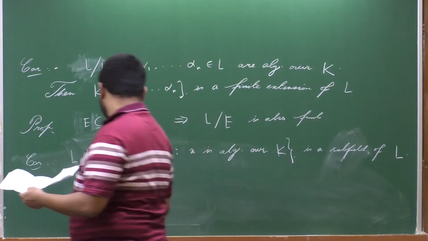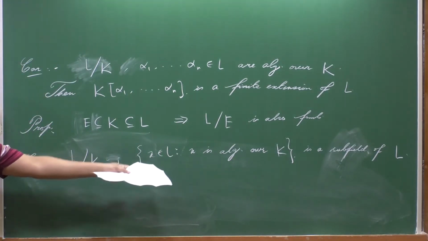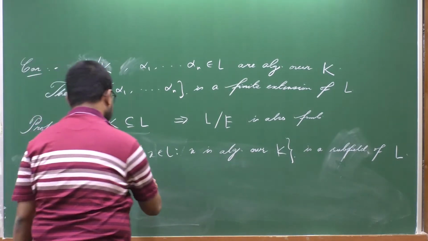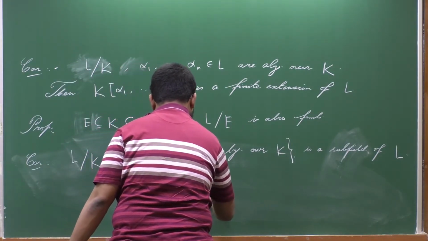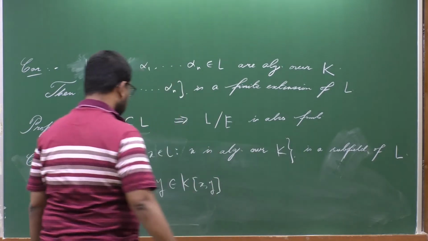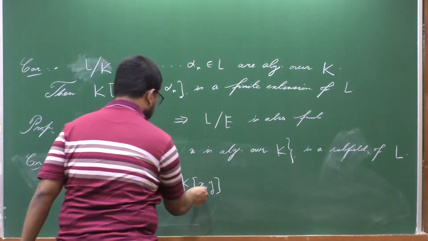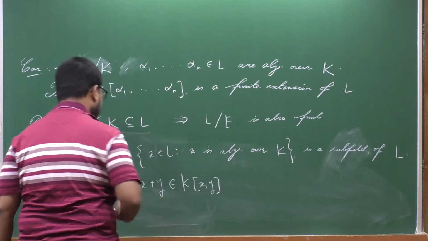Okay. So how to show that? That is exactly simple. If you take two elements x and y which are both algebraic over K, then x plus y will be contained in this finite degree extension, and since both are algebraic over K, similarly x y.